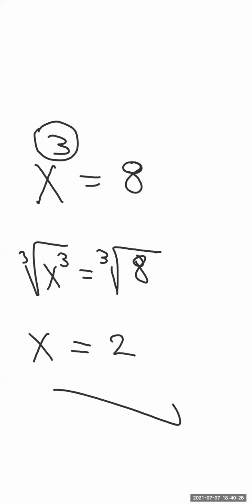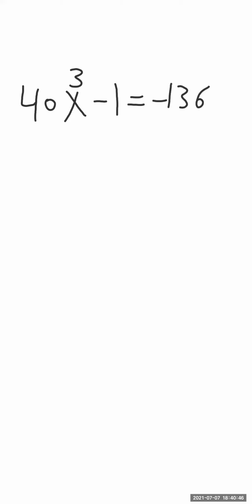Okay, the next point, how to solve the equations with power 3, or the cubic equations, I mean. Like this one, solve the following equation: 40x to the power 3 minus 1 equals -136.